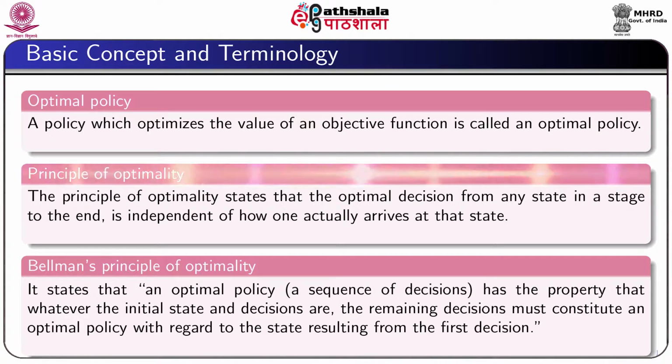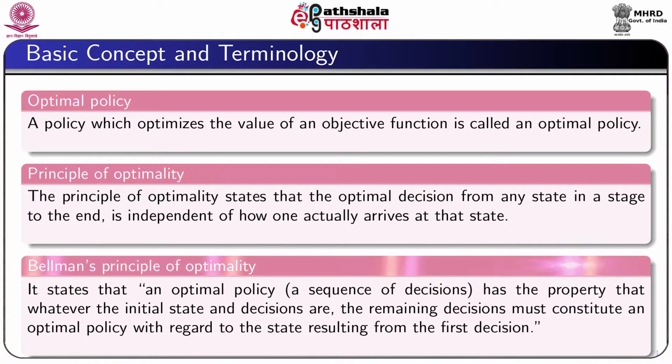Principle of optimality. The principle of optimality states that the decision from one state in a stage to the end is independent of how one actually arrives at that state. Bellman's principle of optimality.